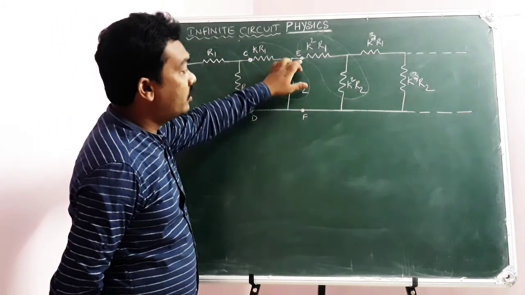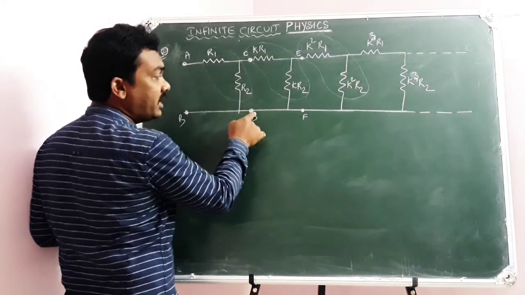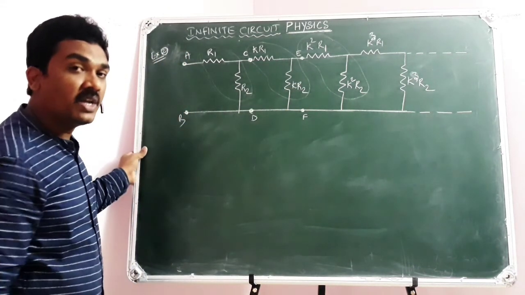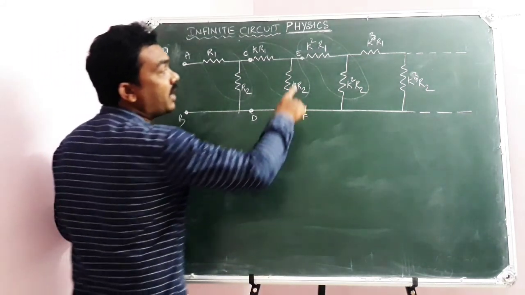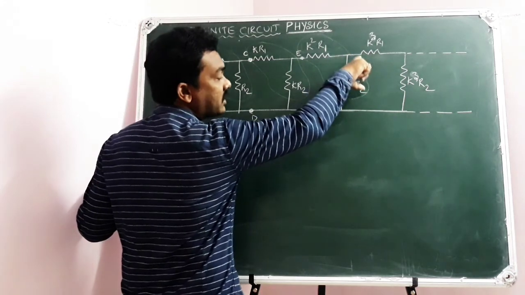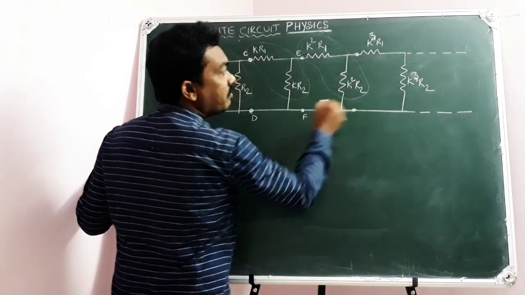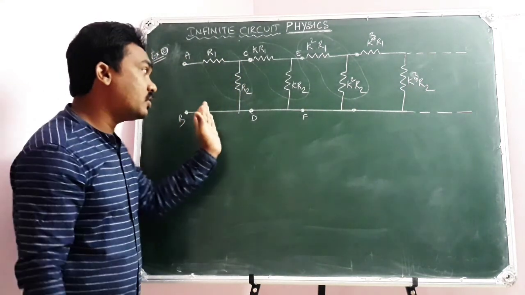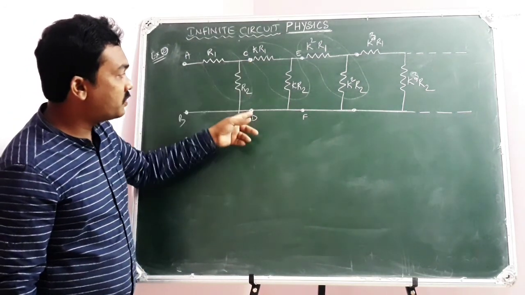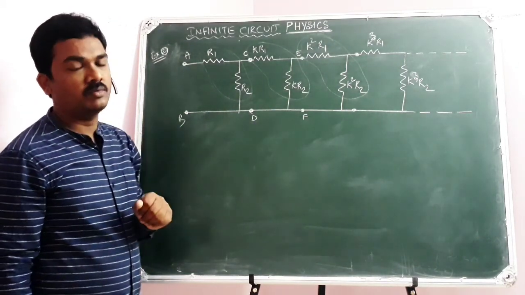Suppose for example, what about between EF? Yes, if equivalent resistance across CD is Kx, then across EF it will be K square X. If equivalent resistance across EF is K square X, then equivalent resistance across these two will be K cube X. Because when every resistor in the successive elements is multiplied with K, equivalent resistance between the elements will be multiplied by K times than the earlier circuit.